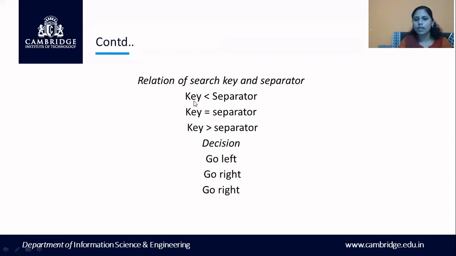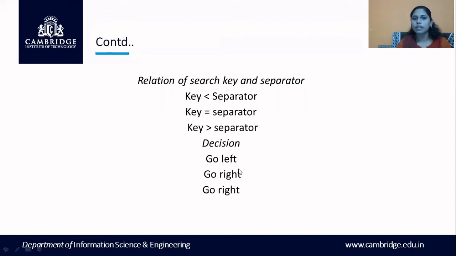Now let us say we are searching for a particular record. That record is stored in the key. If the key is less than the separator, then what is the decision you are going to make? Go left. What does it mean if the key is less than the separator? The key that you are searching is present in the leftmost, that is, in the previous records. If the key is equal to the separator, go right.